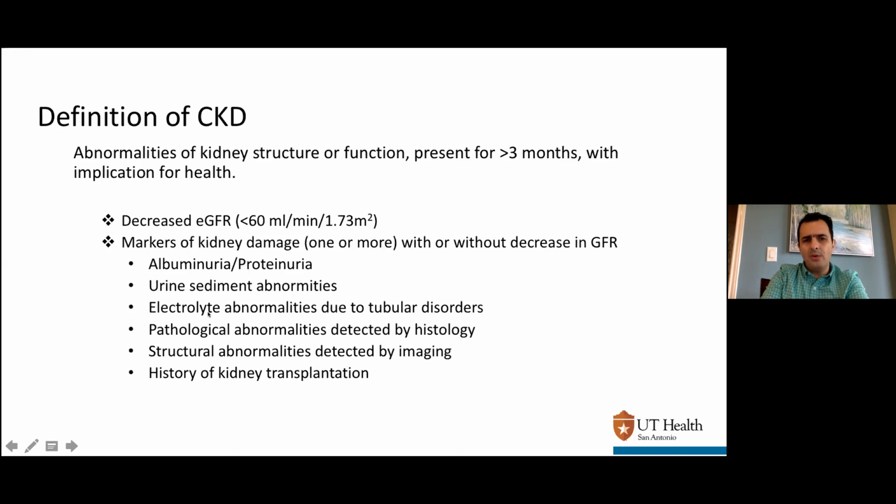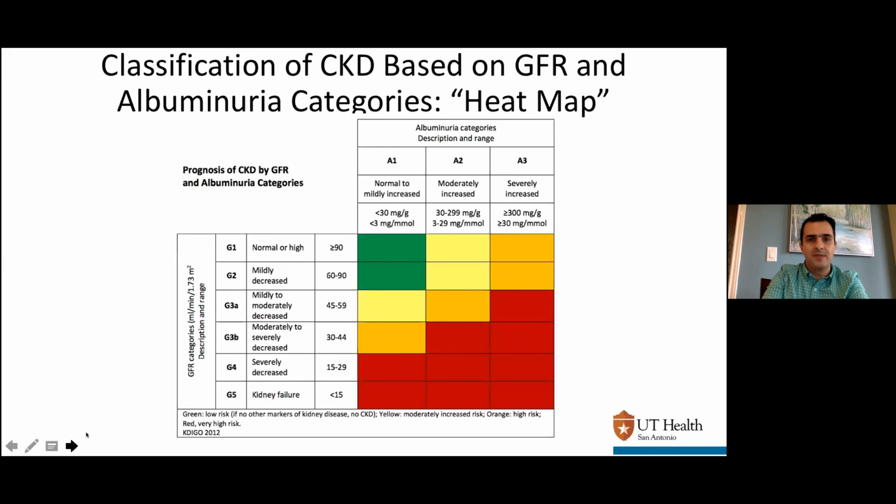So it's not only eGFR, it goes beyond that. In this talk, I really want to emphasize the urinalysis and the proteinuria, and hopefully I can make some impact in the way we approach patients with CKD and in terms of management.